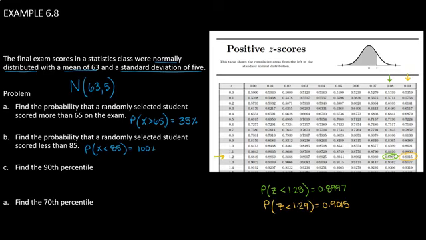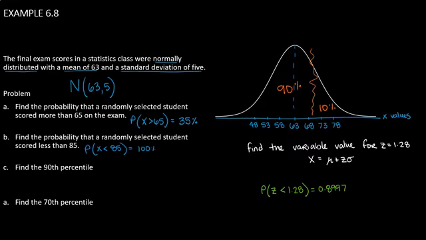To pick between these two, we're going to use the one that is the closest to the area that we're considering. So since we're talking about a 90th percentile, we are really looking for an area of 0.9 between these two areas. The 0.8997 is closest to what we're looking for, so that's the z-value that we're going to keep.